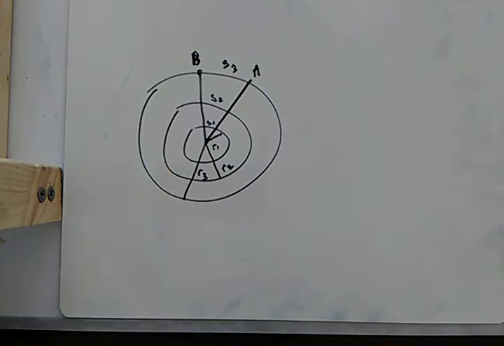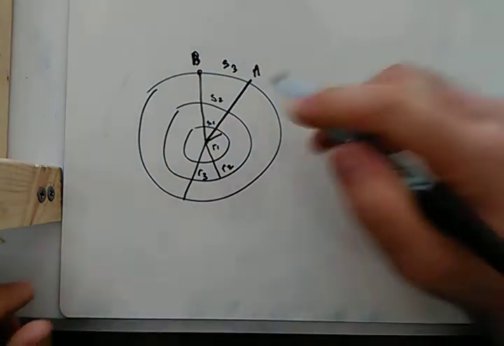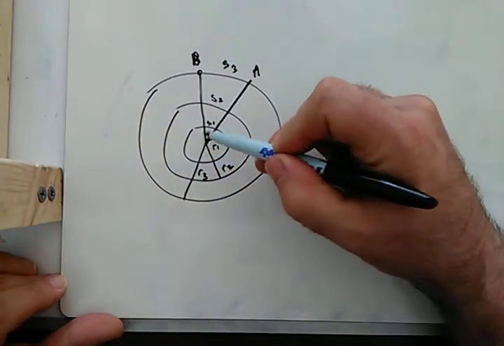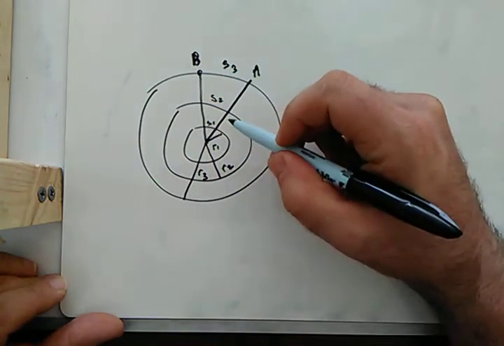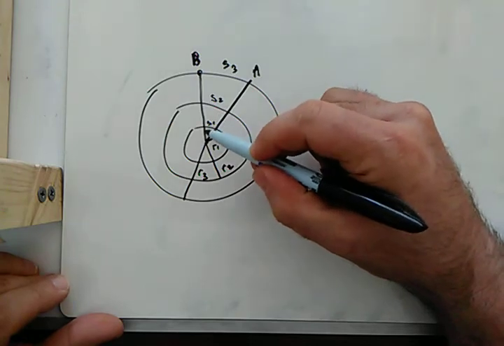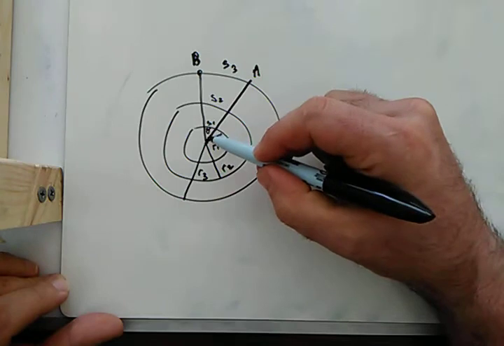So I want to point out something interesting about this picture here. I've got three circles about the same axis: 1, 2, 3. If I look at the angle here, I know it's small, but there's the angle right here.